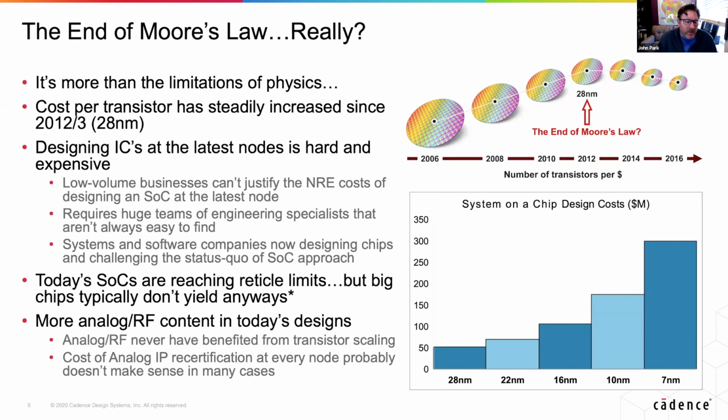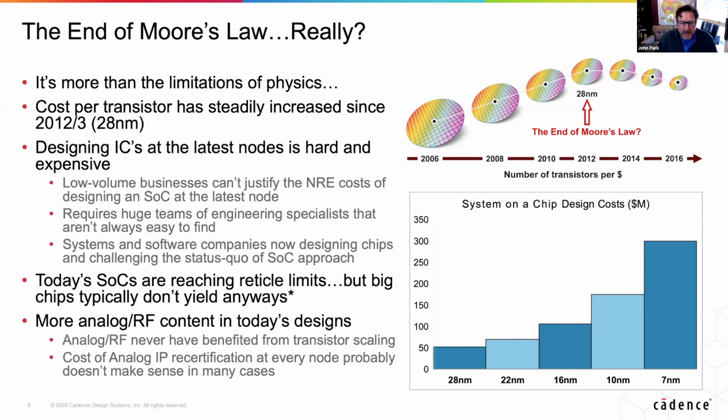And then the third bullet here, maybe it's saying things too simplistically, but designing something at 5 nanometers or 3 nanometers is really hard, and it requires design teams of hundreds, maybe thousands of engineers. Just for the verification step, it may require 1,000 engineers to do functional verification of an SoC.